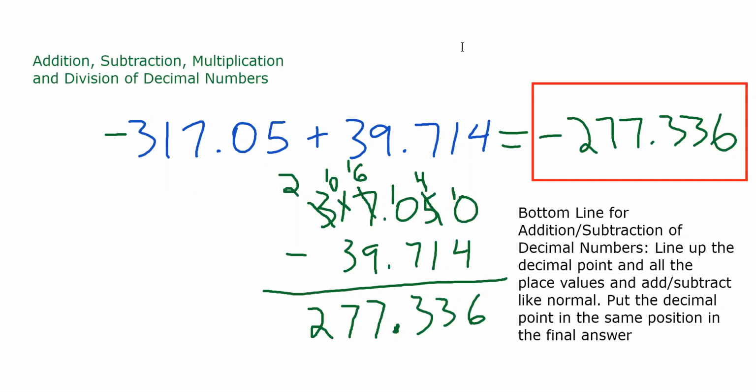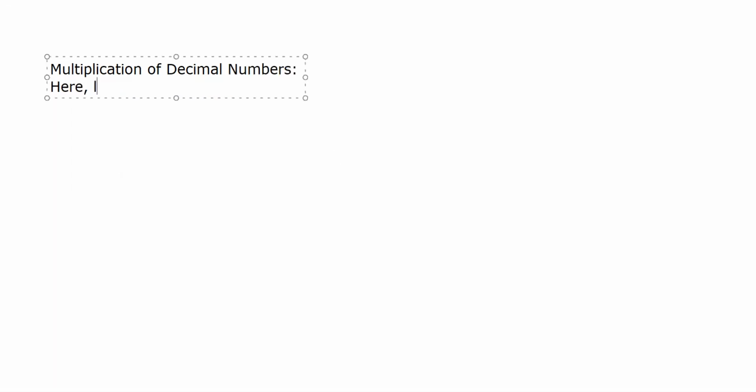Now let's talk about multiplication. Multiplication of decimal numbers is going to work a little differently. Here, lining up the decimal point doesn't matter.